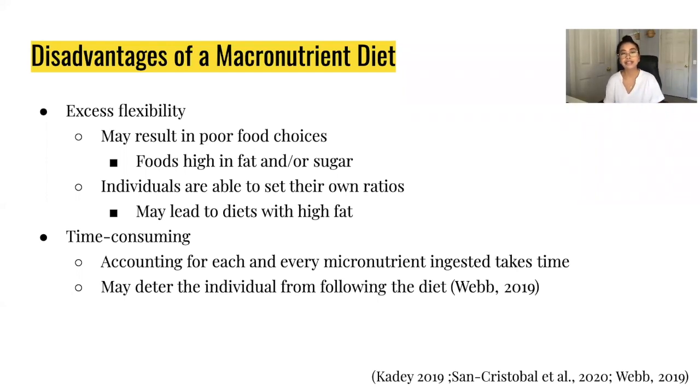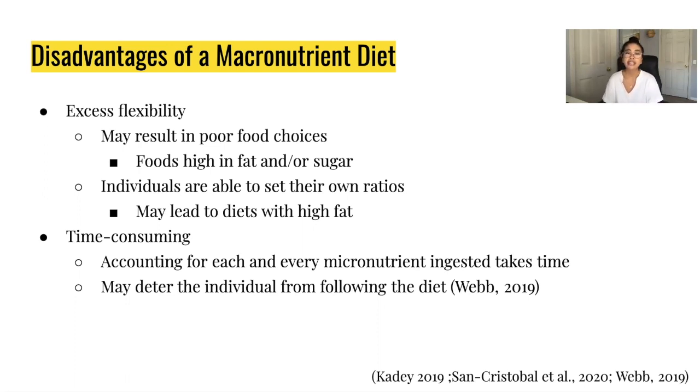So just as there's benefits to the macronutrient diet, there's also disadvantages as well. There are two main disadvantages. The first is its excess flexibility, and the second is its time-consuming nature. So since there's no restriction on food options for the macronutrient diet, unhealthy foods such as things that are high in fat or high in sugar, options like pizza or cake, could potentially fit into an individual's diet.